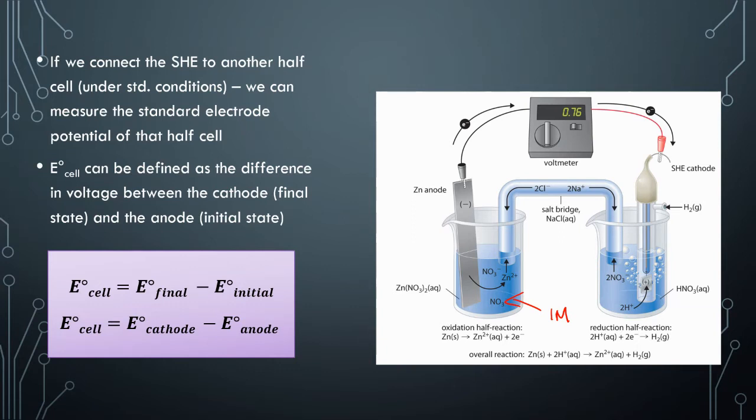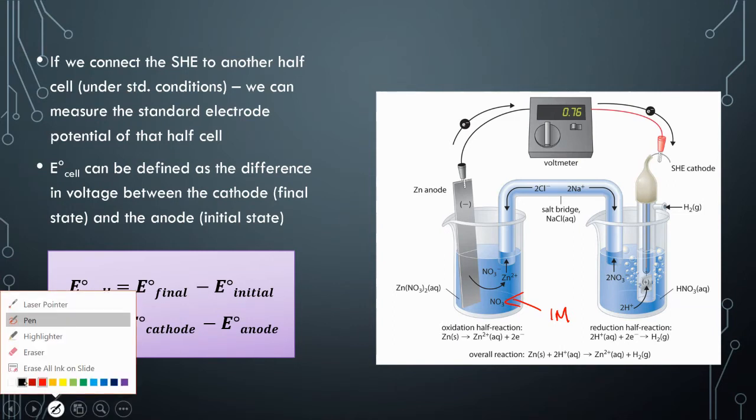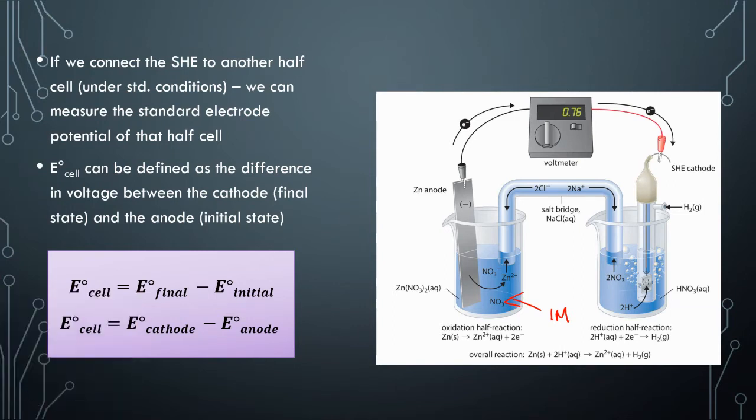Okay. What we see here is a zinc electrode, and zinc, when you plug it into the standard hydrogen electrode, is actually oxidizing. Okay. Now I talked about how the voltmeter's wires can be switched, and that will indicate a difference in sign, and that's because of the direction of electron travel. Okay. So a better explanation for this particular scenario where you have a 0.76 is once the voltmeter has been plugged in, if electrons are traveling from zinc to the hydrogen electrode, that means zinc is being oxidized here.